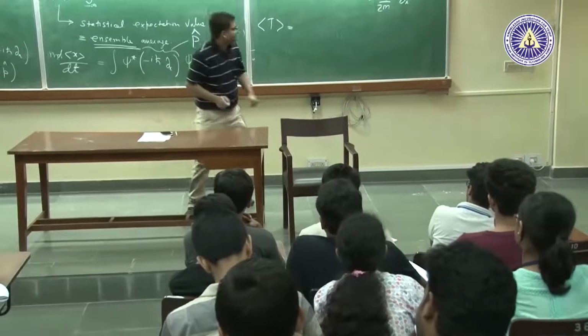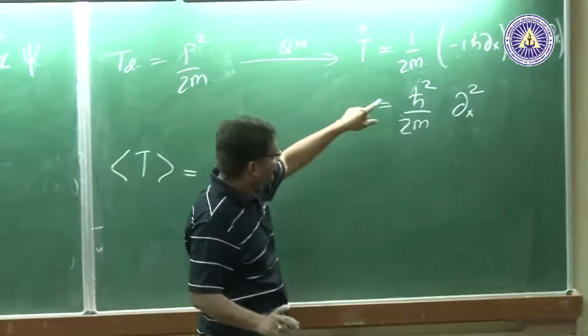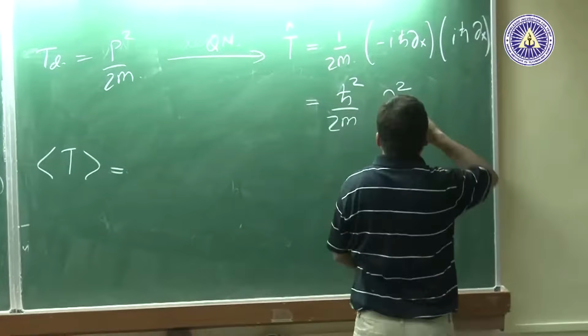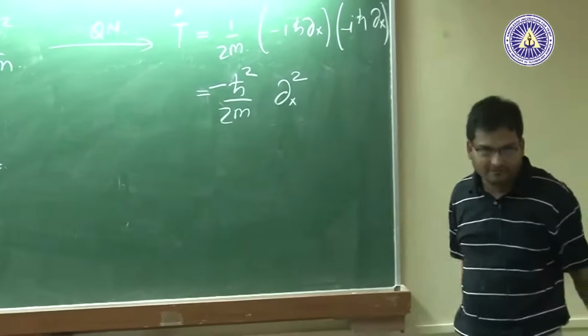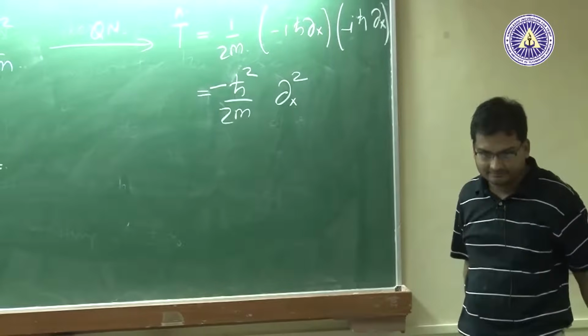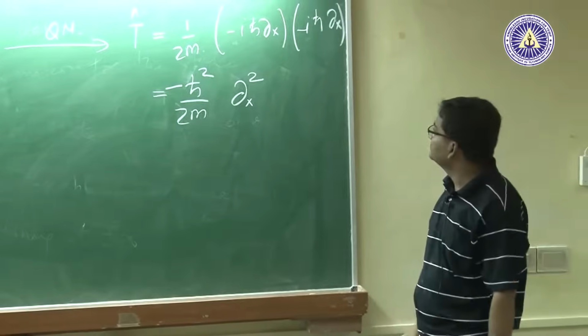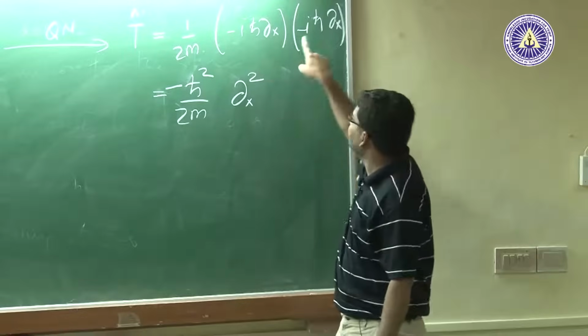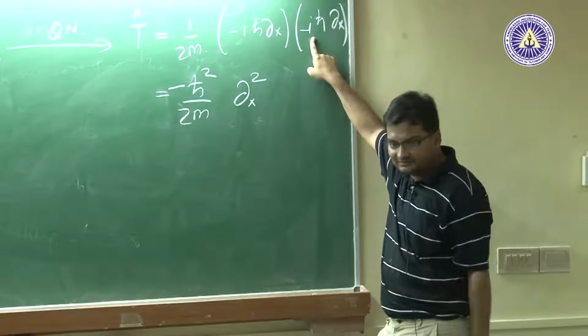So in writing p square, I do not need p star, never. Yes, there is a minus, that is my mistake. There is a minus i, so i square gives you minus 1.